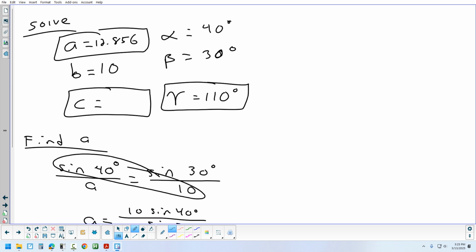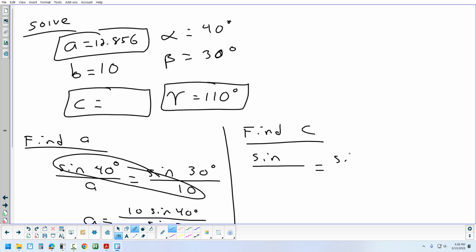Now we've got one more side to find, and we're going to find it the same way that we found A. So how would we set it up to find C? Find C, put sines on both sides. So we have sine 40.